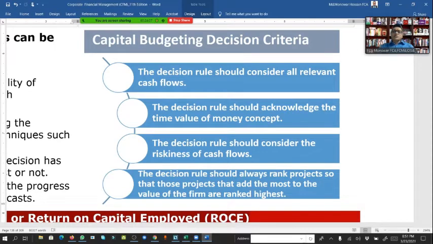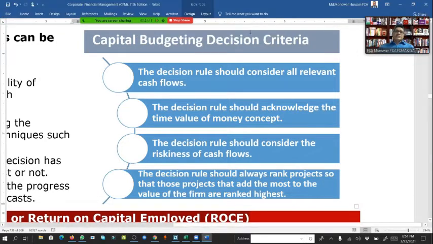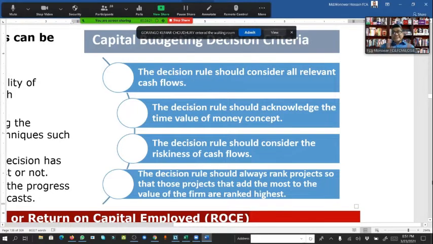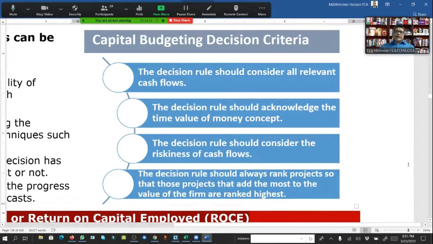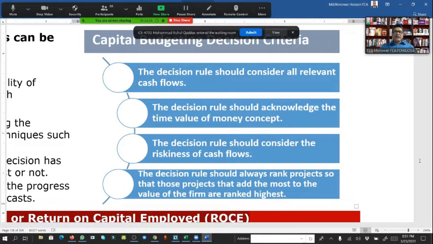The decision rule should acknowledge the time value of money, and should consider the riskiness of the cash flow. The decision rule should also rank projects, rank number 1, number 2, etc., so that projects that add the most to the value of the firm are ranked highest.